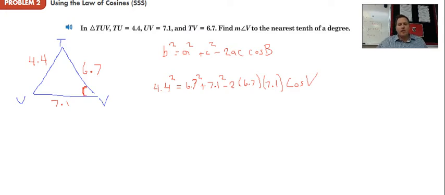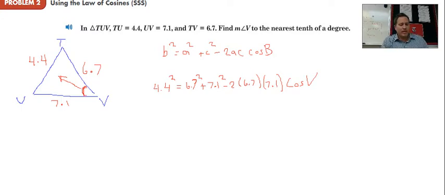I figured out the side opposite was 4.4, which means 7.1 and 6.7 are my A and C. Okay, so let's start to work all this out.